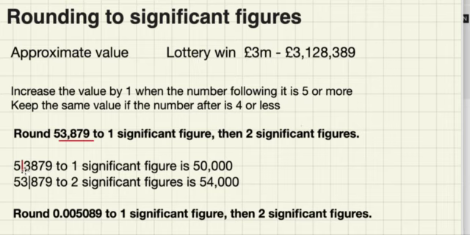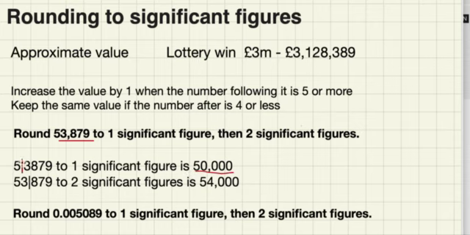And then we say, is the value after it, 3 in this case, 5 or more, or 4 or less? Well, obviously 3 is 4 or less. And so when we round this to one significant figure, it becomes 50,000.